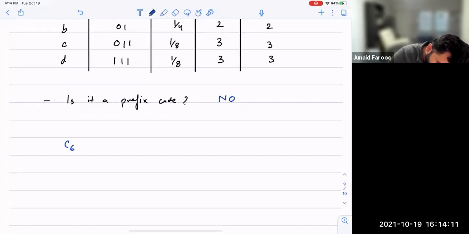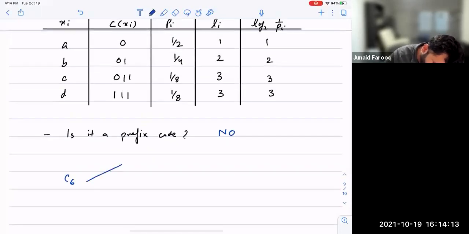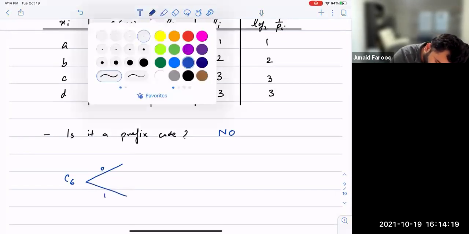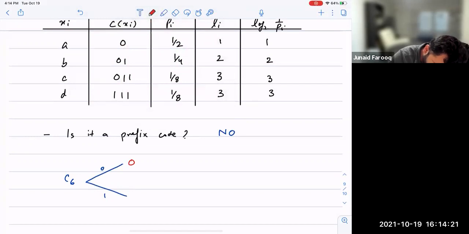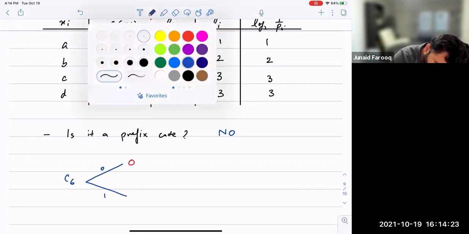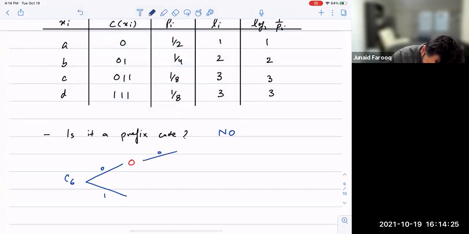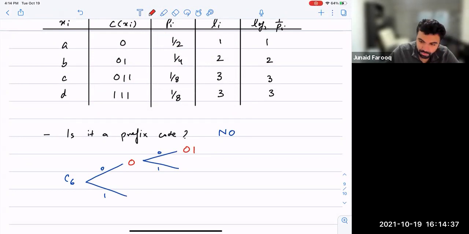Again, we can make a tree. You don't have to do any guessing here. This is 0, 1. So your first code word is here. And then the next one is 0, 1. So obviously, directly we can conclude here that it's not prefix because we have already had two code words on the same branch.